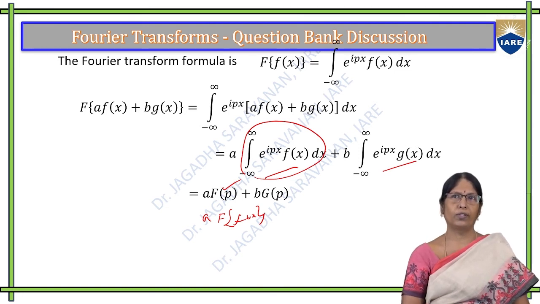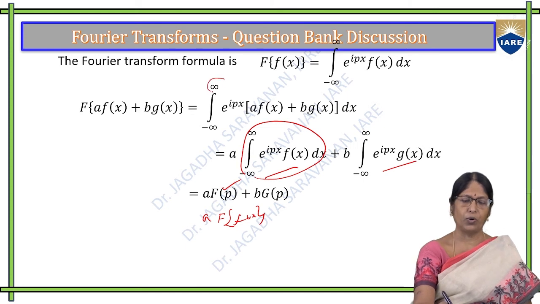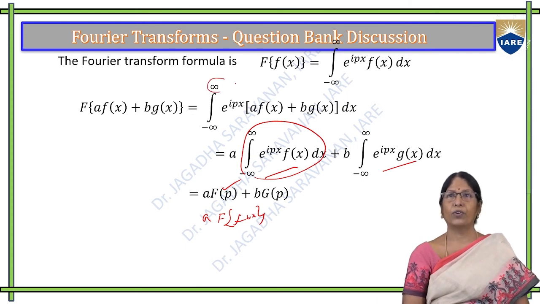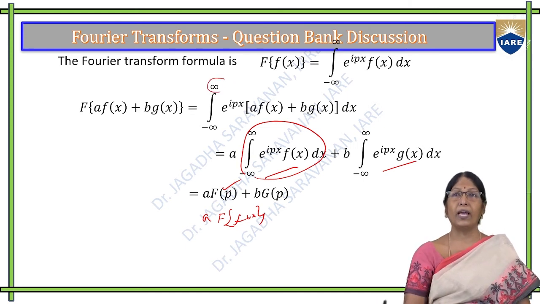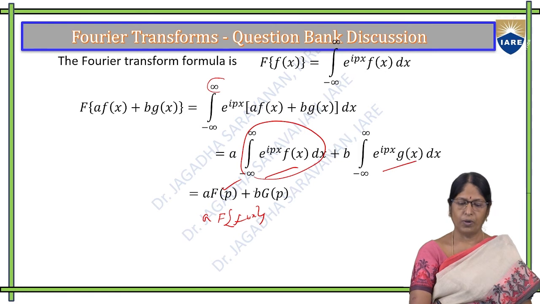Throughout this video lecture we can notice that for the infinite transform we used the notation p, and for the finite transform the notation n, as in most of the textbooks. So this is nothing but g of p.